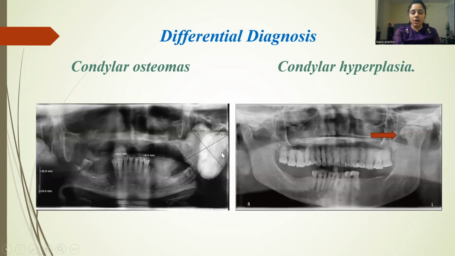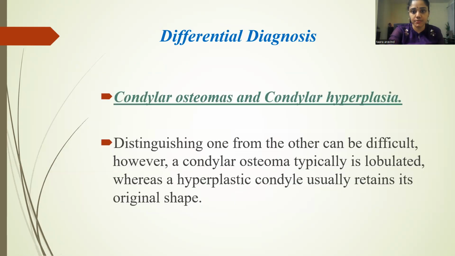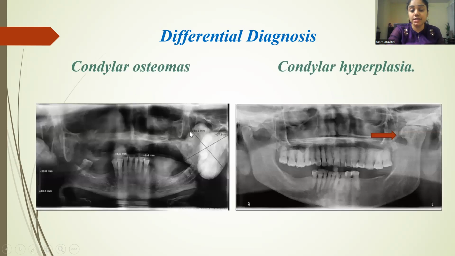A condylar osteoma appears as a lobulated mass, whereas in hyperplasia, although the size of the condyle increases when we compare it with the opposite side, it retains its shape. In condylar osteomas, it appears as a polypoid, lobulated mass.